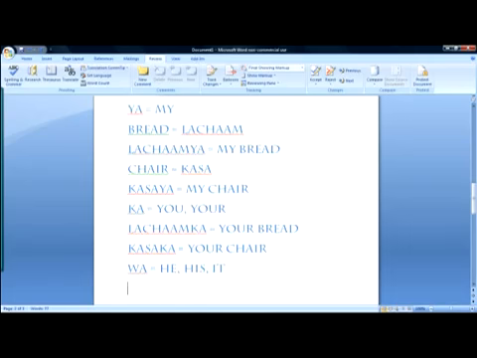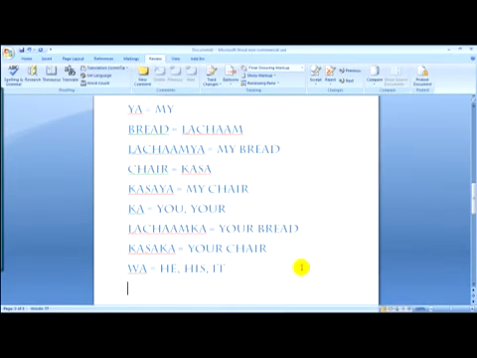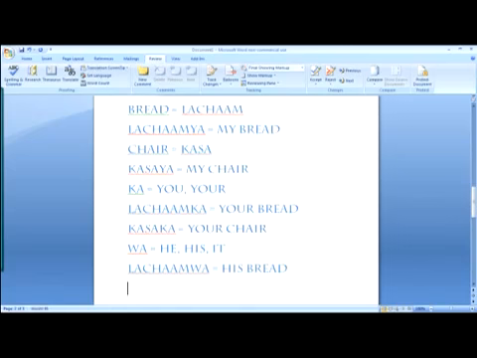His bread, lacham wa, which means his bread. And then you have, once again, kasa wa, which means his chair. Keep in mind, sometimes that letter wa could be it at the end of a word.